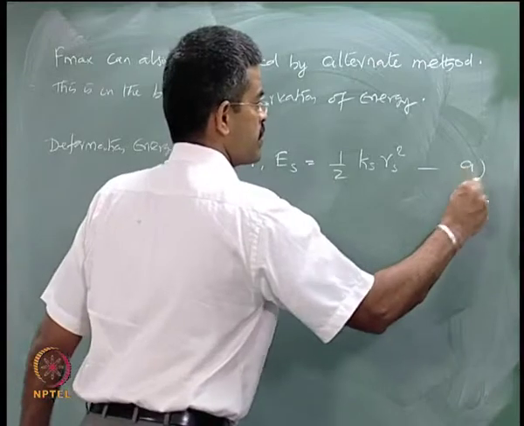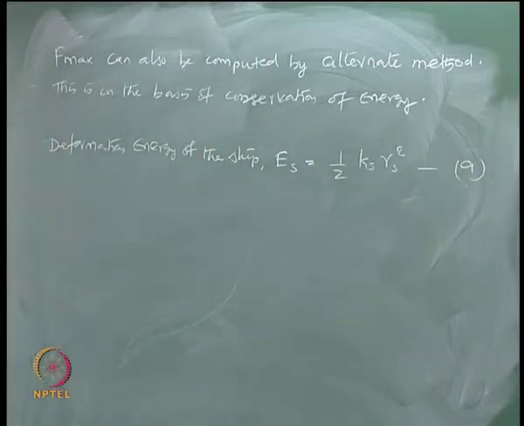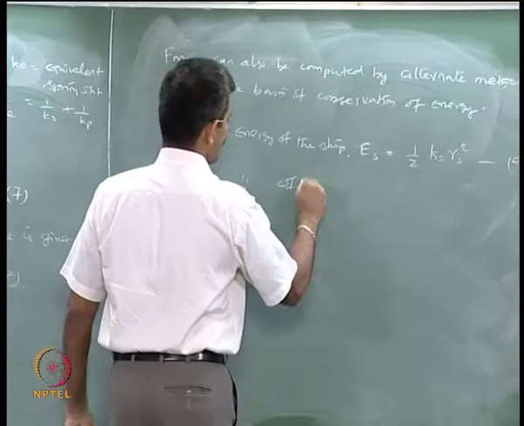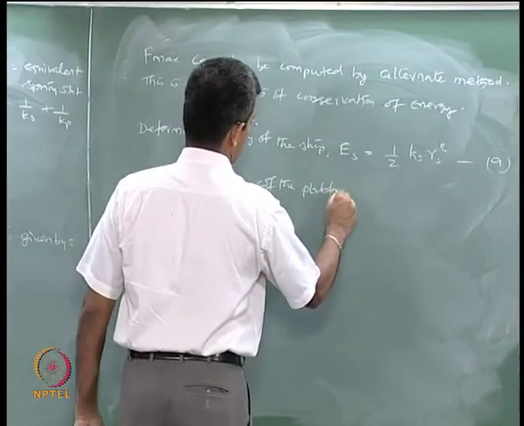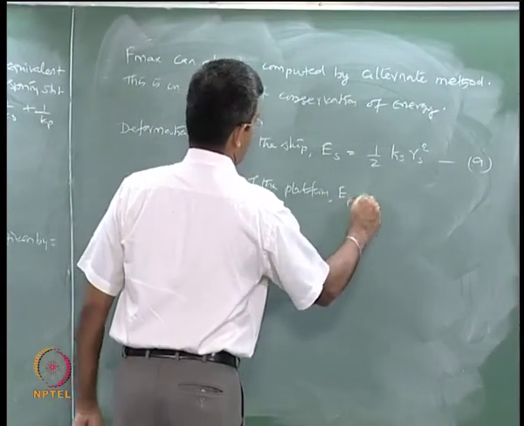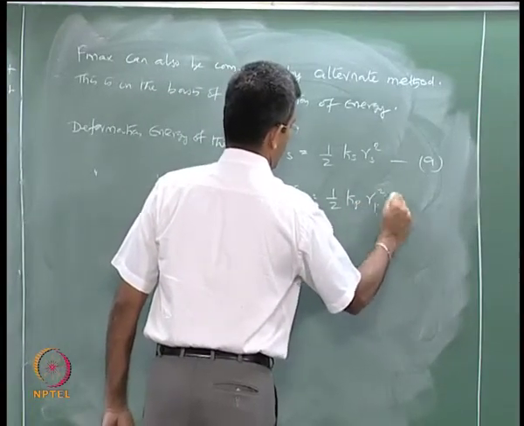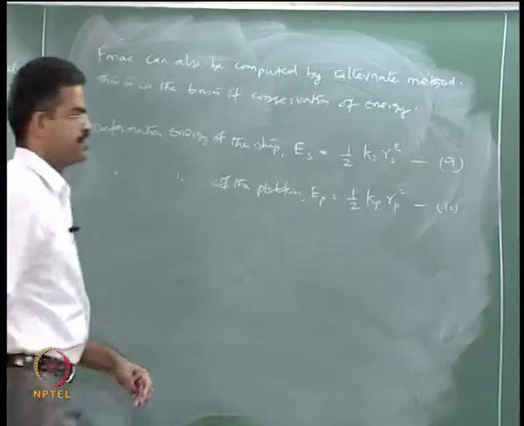equation 9, and that of the platform, EP is half Kp Rp square.